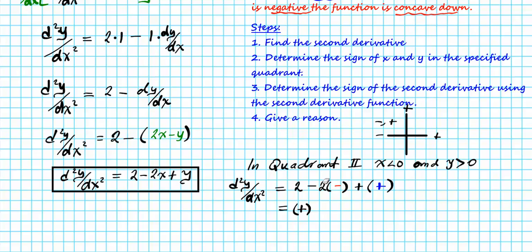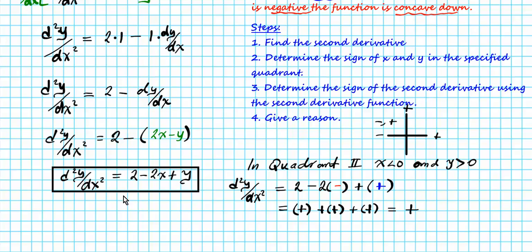Minus times minus, the negative of a negative number, you have the opposite, so it's going to be plus a positive number. Minus times minus is plus, plus a positive number. What's happening here? We're adding 3 positive numbers. So the final sign of the result will always be positive in quadrant 2.